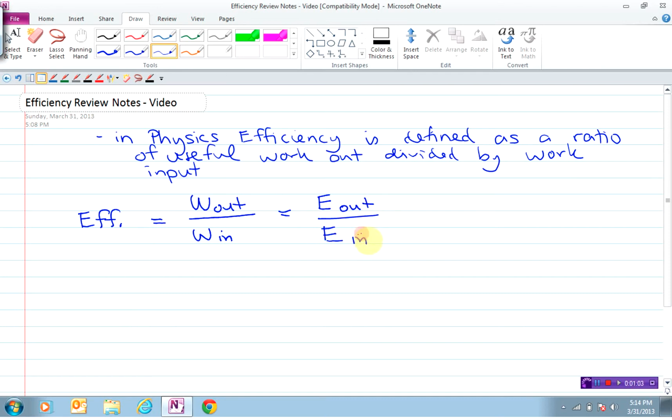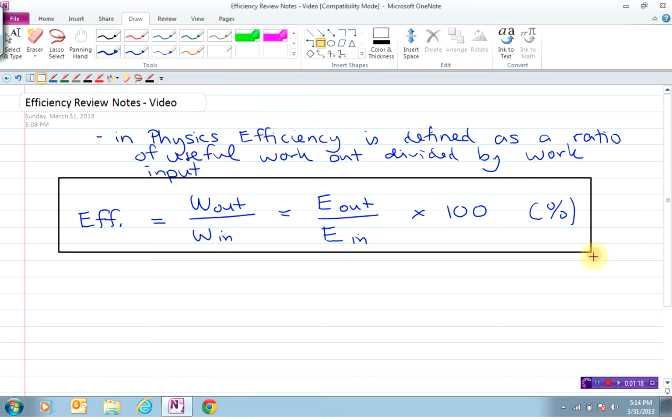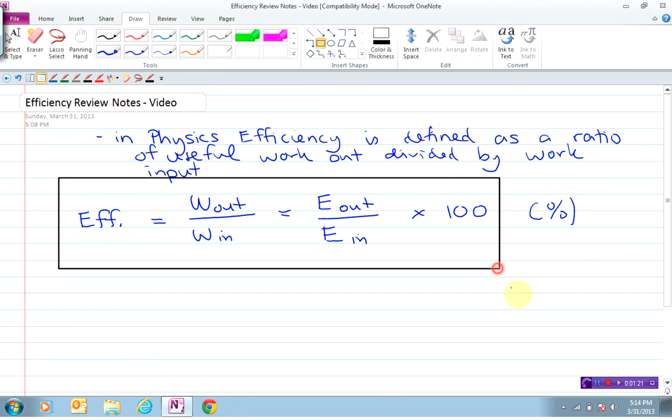Now if you leave it like this, you're going to get a decimal answer. So if you multiply this by 100, you'll get your answer in a percent, like 30% or 50%. So this represents the equation that we're going to use to do calculations with efficiency.